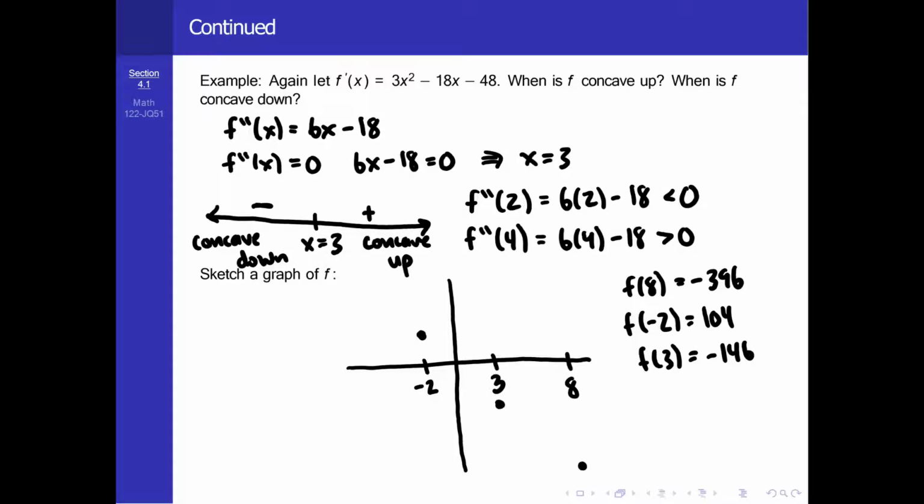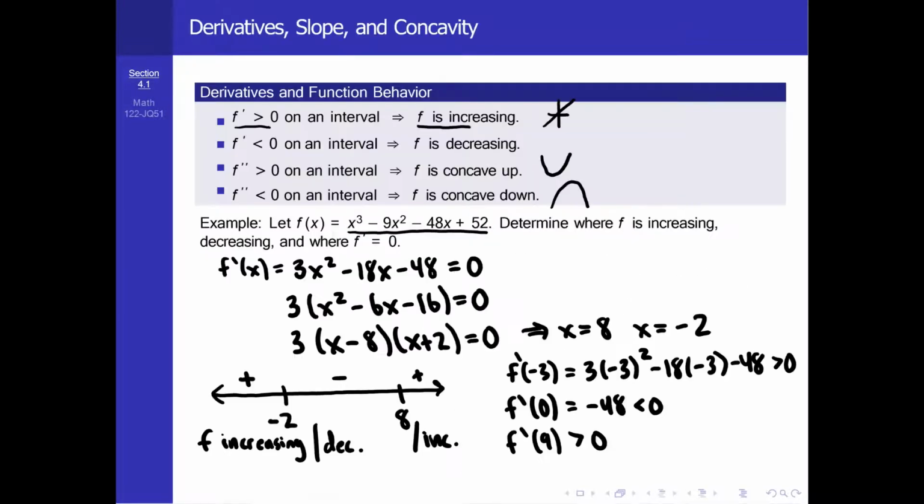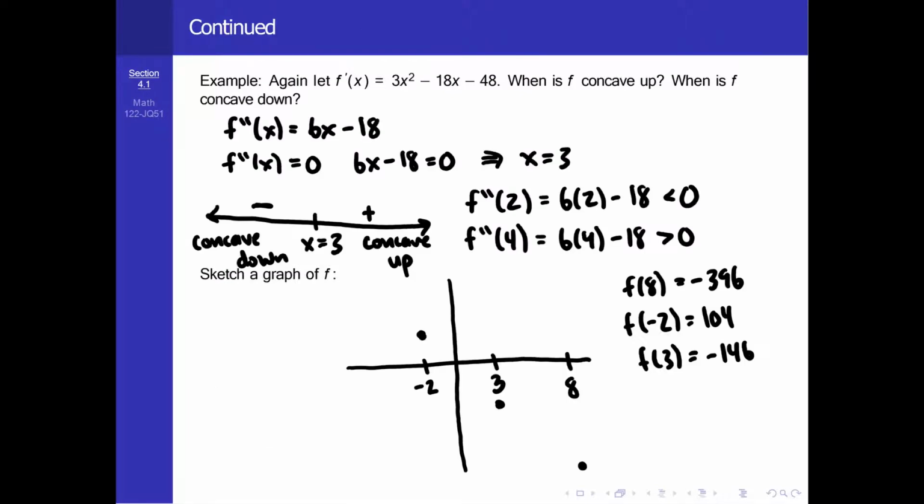But I have some additional information. If you go back to the previous slide, I know that f is increasing to the left of negative 2. So I'm going to draw something like this, and I know that f prime has to be 0 at negative 2, so my function kind of has to level out there. And now my function is decreasing to the right of negative 2.